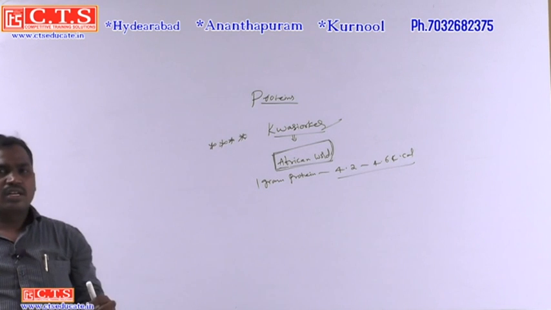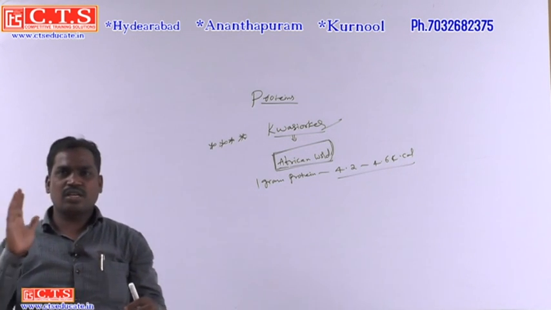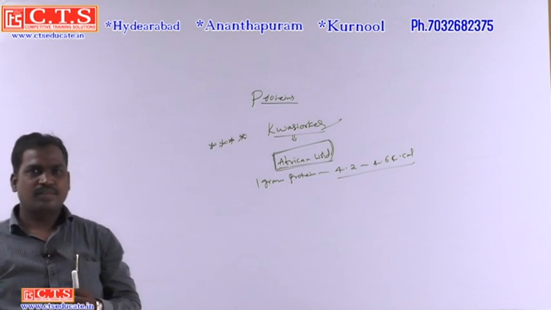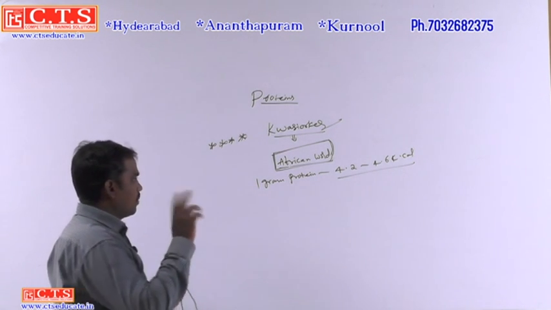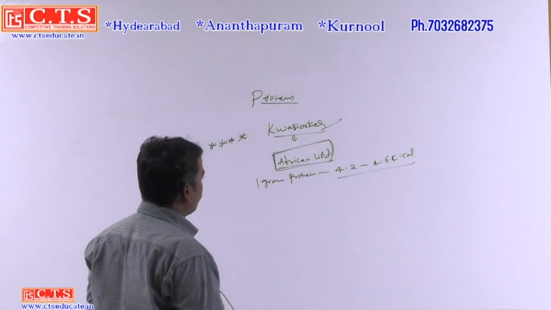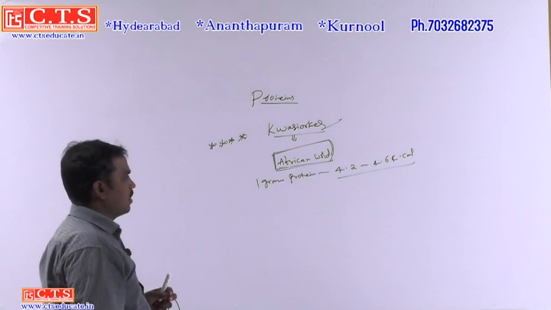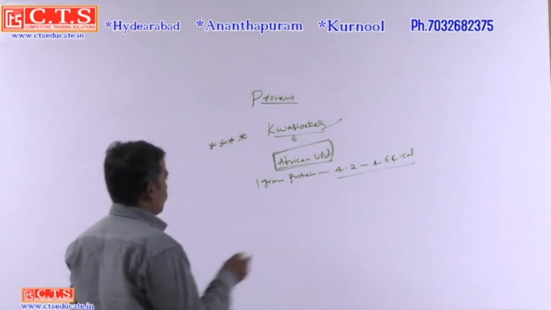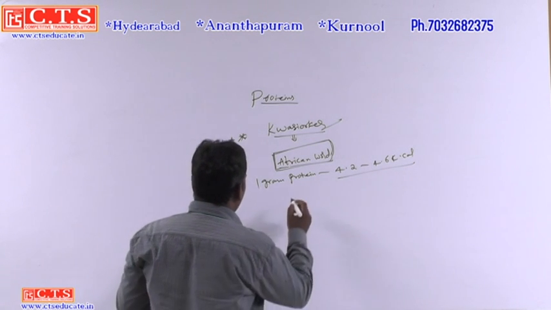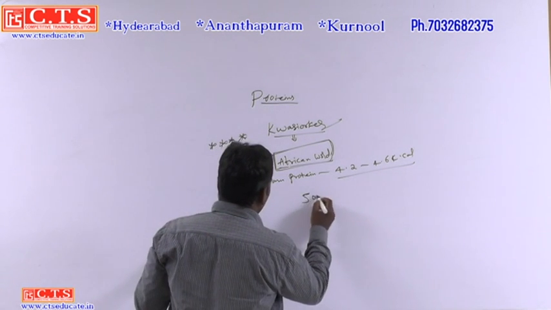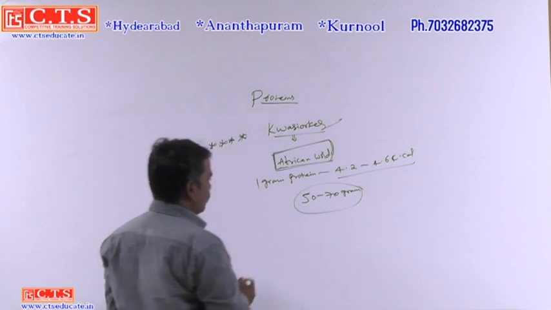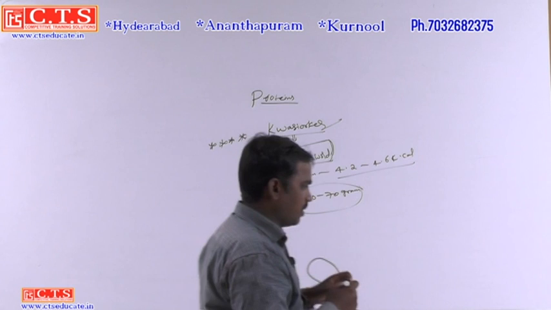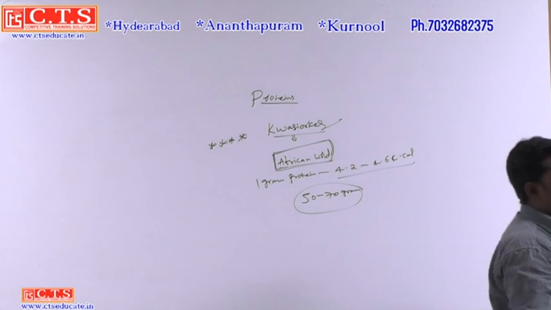Kwashiorkor is a nutrient deficiency disease. Proteins required per day: 50 to 70 grams.